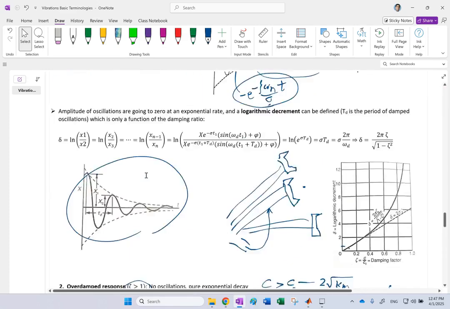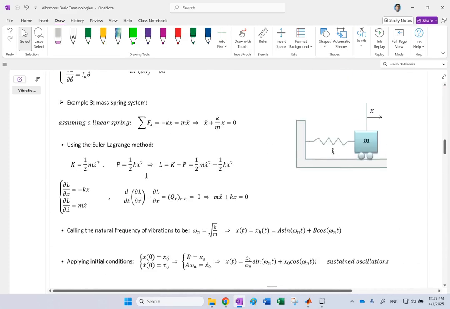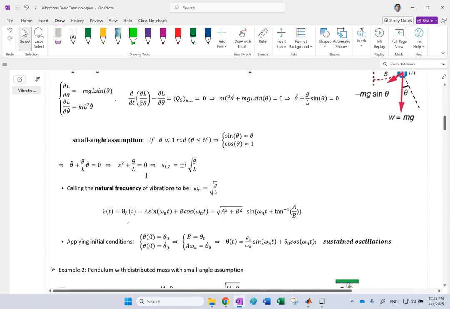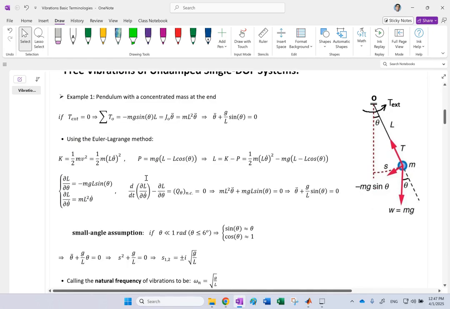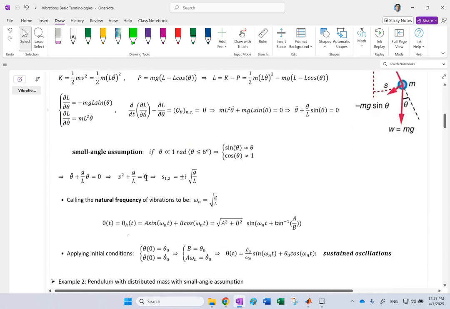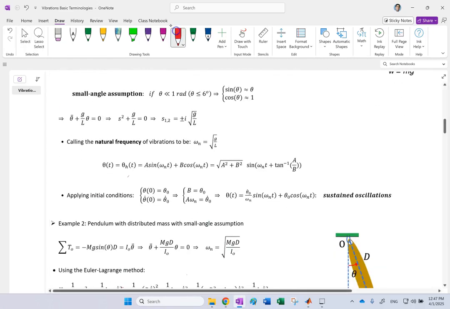If there is no damping, going back to the previous lecture, the solution was a simple sine function or a simple cosine function. Your theta or your x is simply some magnitude times sine of omega n t plus some phi. That's all it is. The same goes for x.